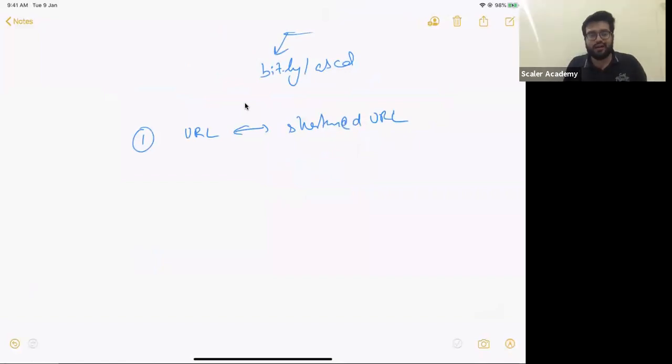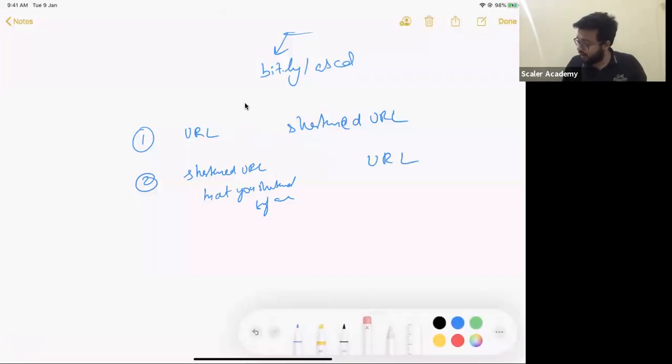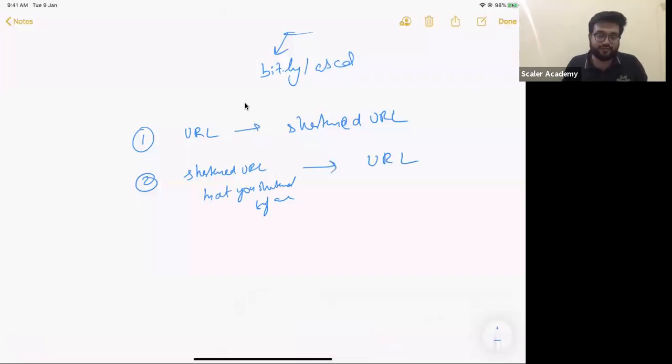The second use case, which is also very, very simple, is that you should take a shortened URL that you shortened before, and now give the actual URL. Does it make sense? So these are the very, very basic features that your app must support if it wants to go live. Okay, cool. Can we list down some more features?